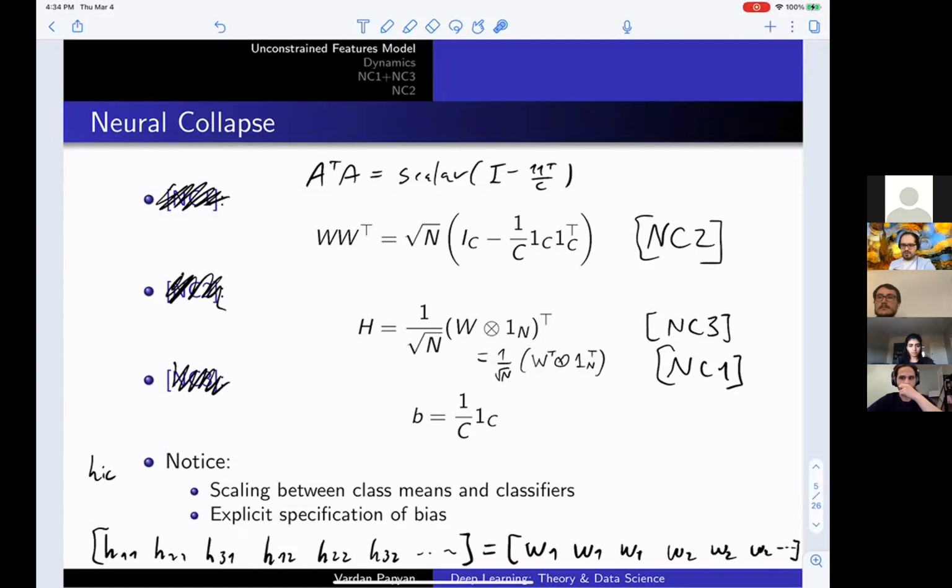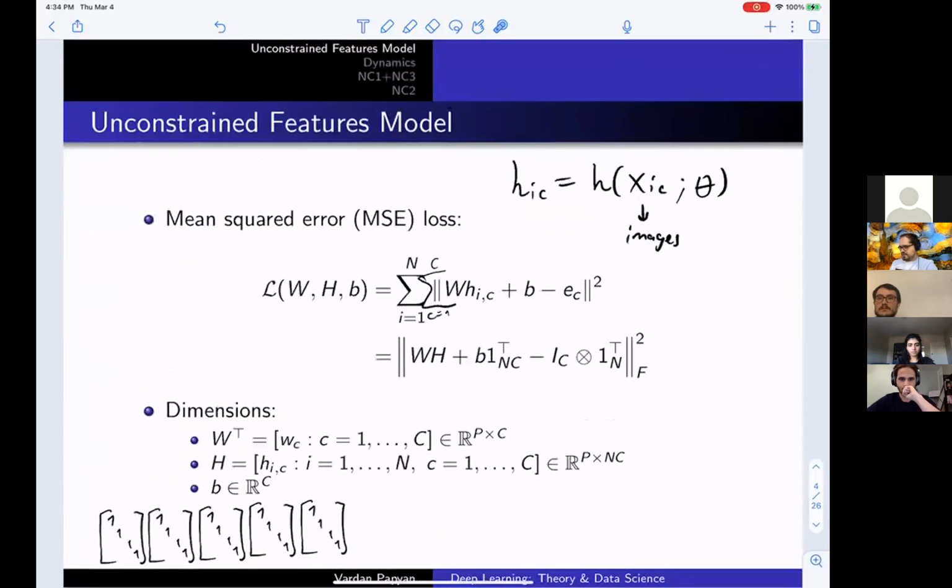What is the role of square root of n? Okay, let me explain it from a different perspective. Here you have an objective, right? It's an MSE loss. Imagine you optimize this MSE loss and you converge to neural collapse. Then it would mean that there is self-duality and that there is some relation between the class means and the classifiers.